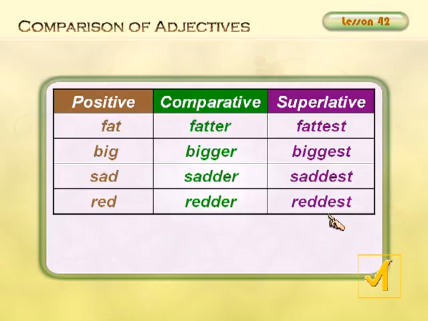In the word big, to make it a comparative, double G. So here BIGG, and with that you add ER to make it comparative, and you add EST to make it superlative. So sad, sadder, saddest. You have double D here, sadder, and you add ER for the comparative, and double D and EST for superlative. So red, you have double D and ER for the comparative, double D and EST for the superlative.